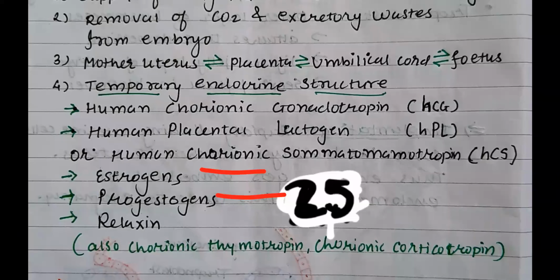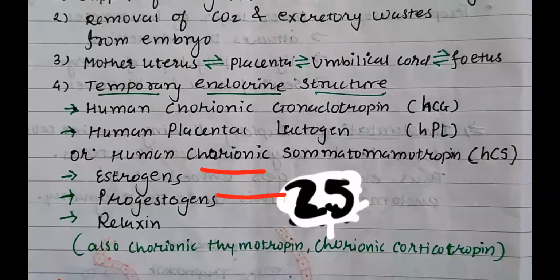Progestogens are a group of hormones in which progesterone is one of the members. So progestogens and estrogens are secreted by the ovary, and in a pregnant lady, they are also secreted by the placenta. The purpose is that the ovaries may not be producing adequate amounts of estrogen and progesterone to sustain the pregnancy.